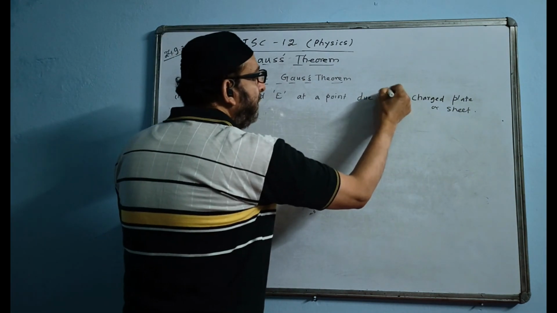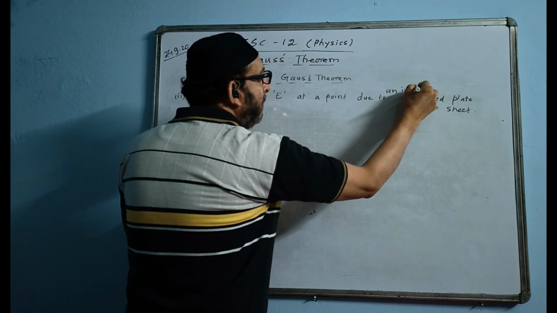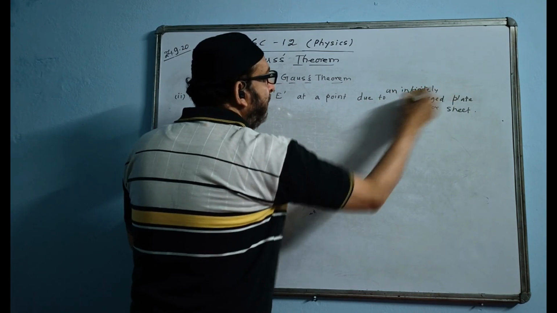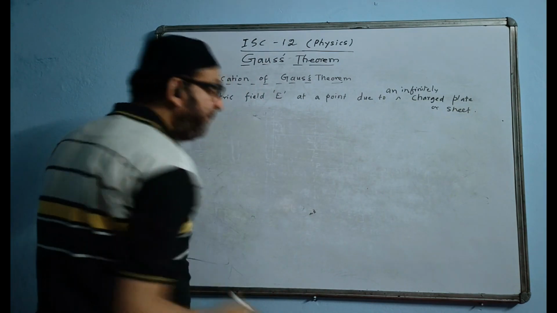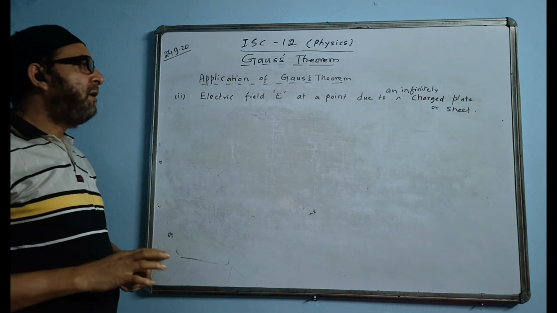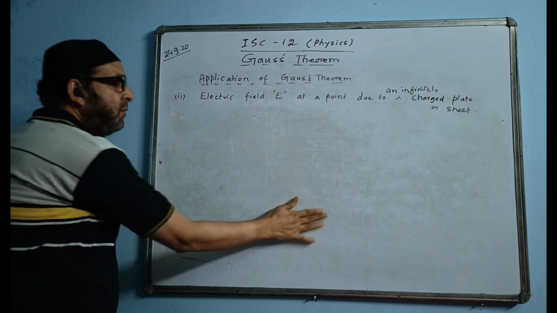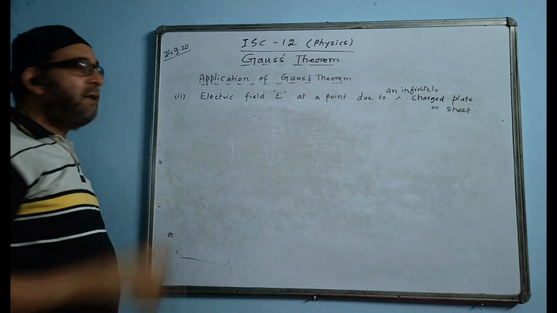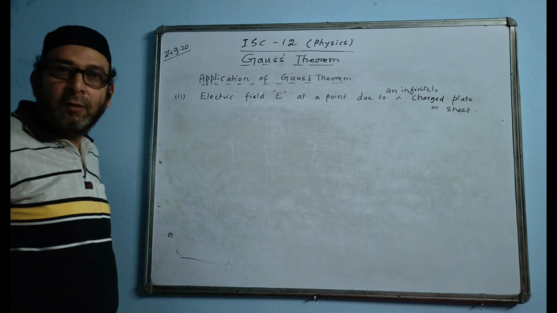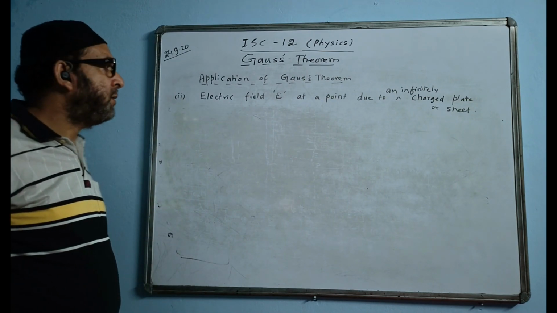You can write here: due to an infinitely charged plate or sheet. This is the second derivation. Now you have it in the syllabus, in the reduced syllabus.